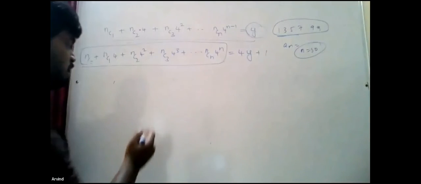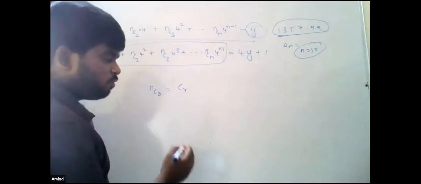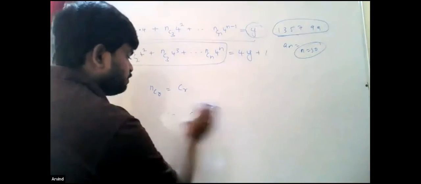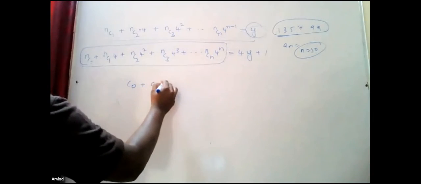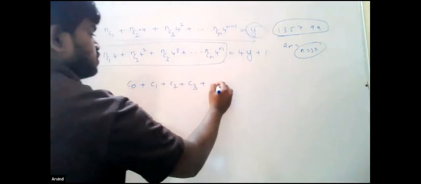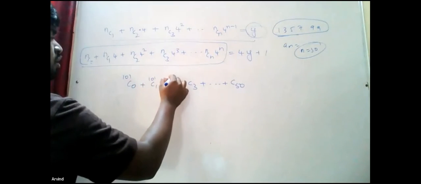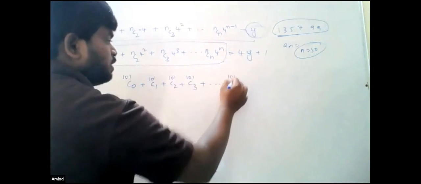Remember that nCr is usually written as Cr, so we can write C0, C1, C2, but the n value must be known. Here n is 101. So the question asks for C0 plus C1 plus C2 plus C3 and so on up to C50, that is, 101 C0, 101 C1, 101 C2, 101 C3, up to 101 C50. We have to find the value of this.